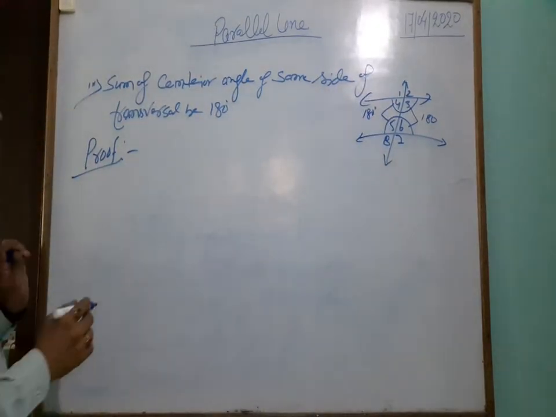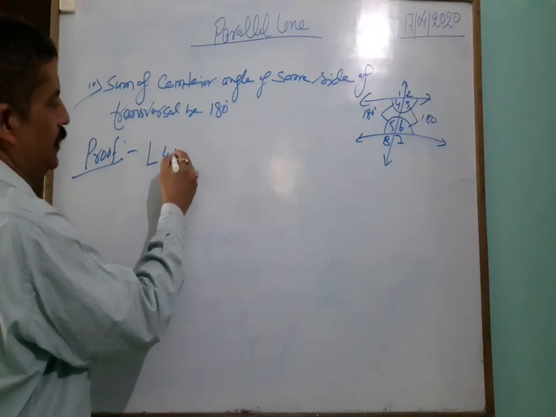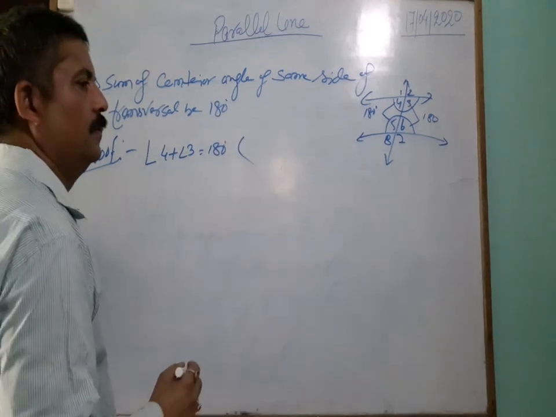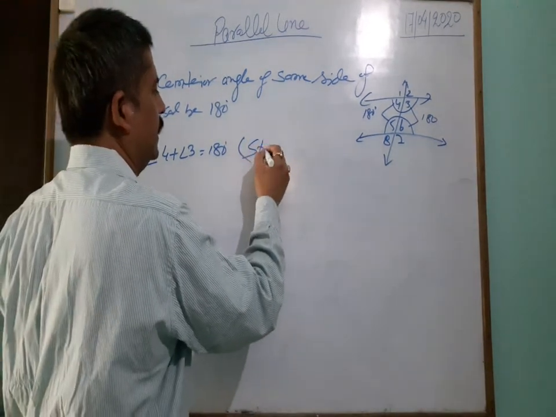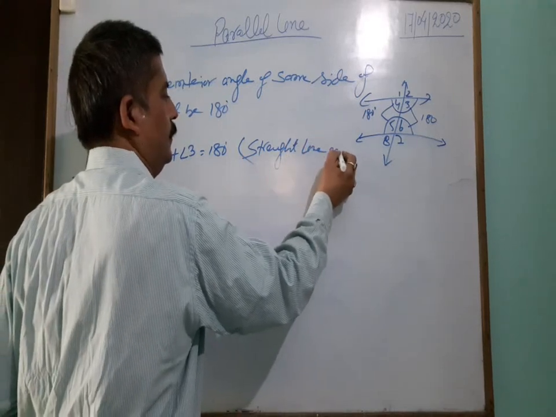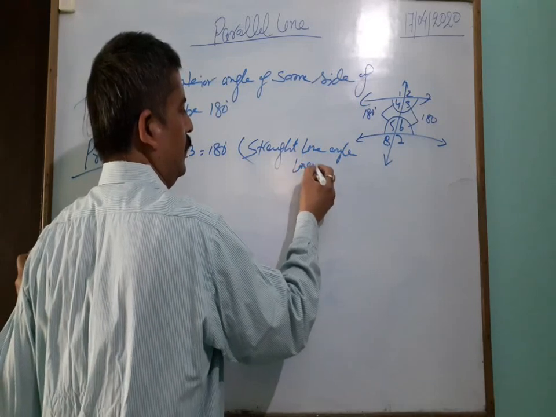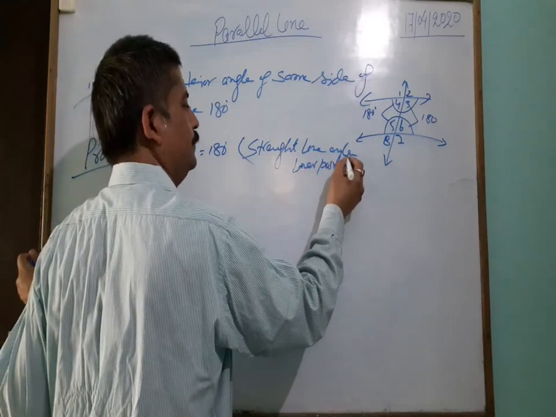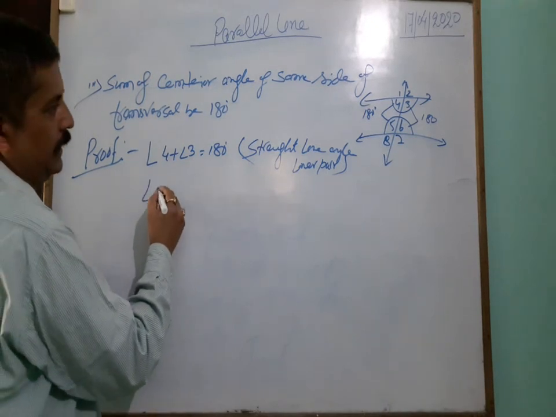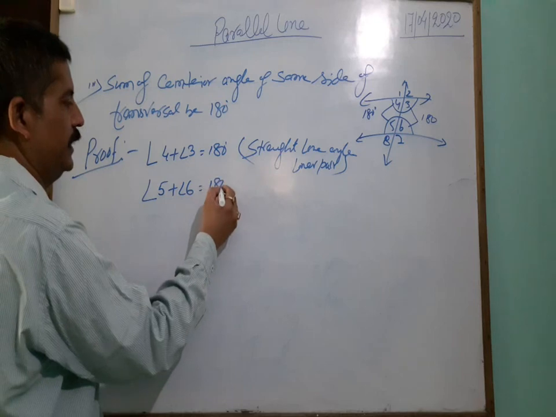First, angle 4 plus angle 3 is equal to 180 degrees, a straight line angle, or some say a linear pair also. Angle 5 plus angle 6 is equal to 180.